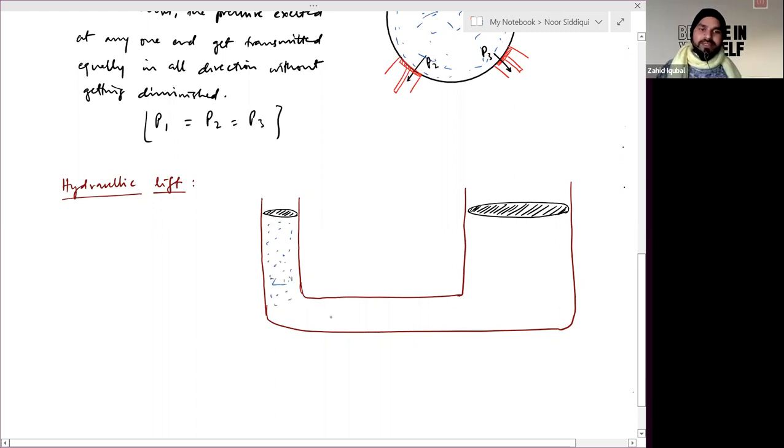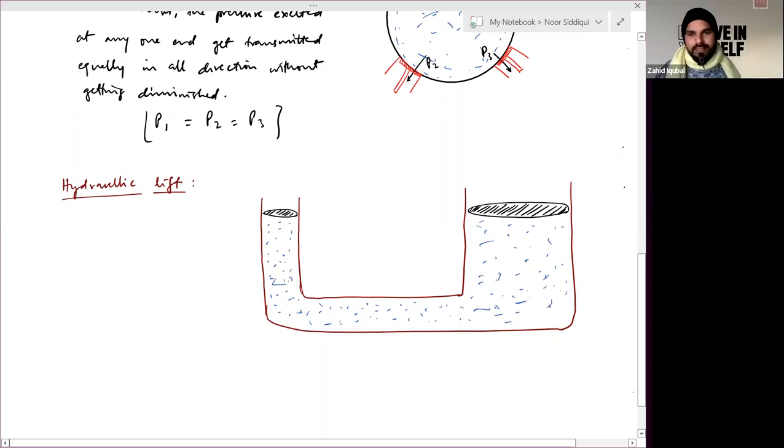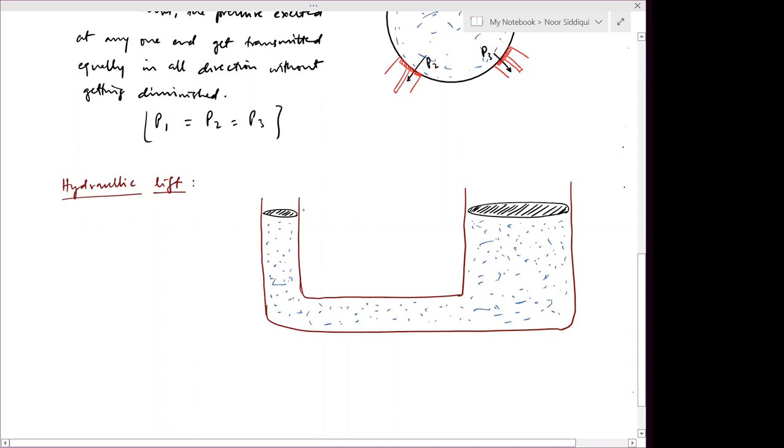But in this part, we are assuming, even though we can deform a solid according to the concept of elasticity, stress, strain, we can also compress or expand fluid as well. But in this part, we are assuming fluid to be incompressible so that there will be no change in density. Is it clear? Yes, sir.